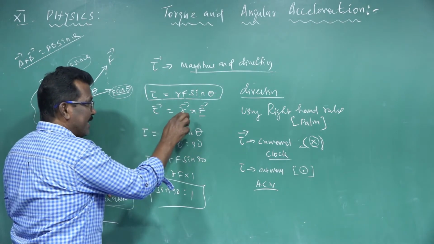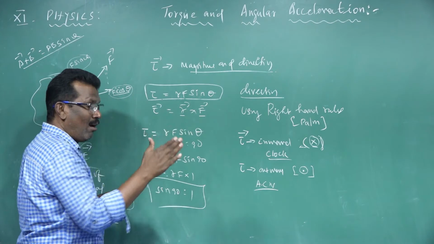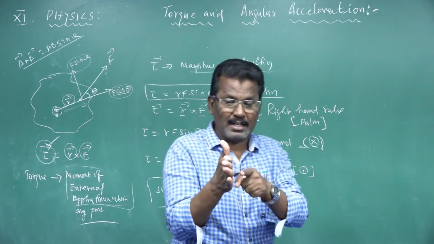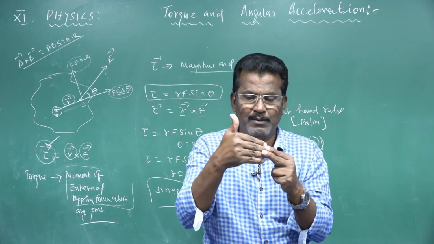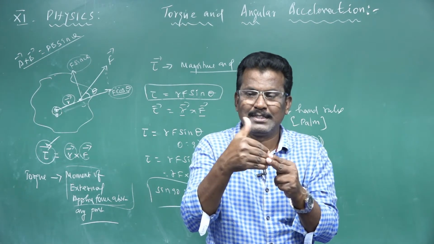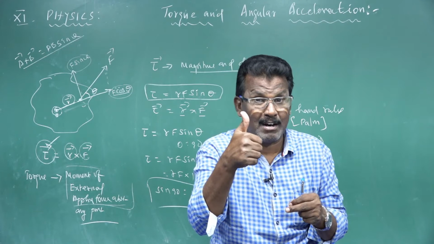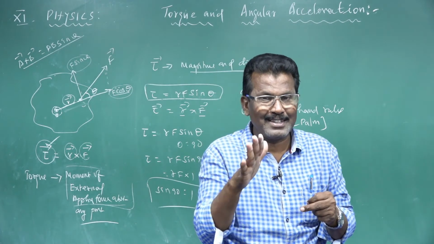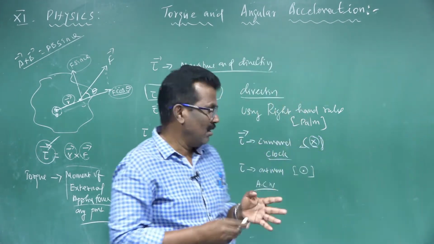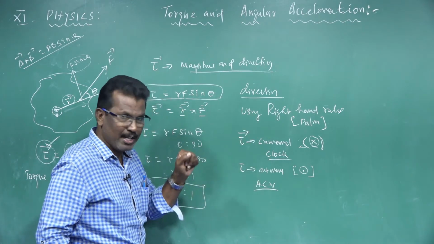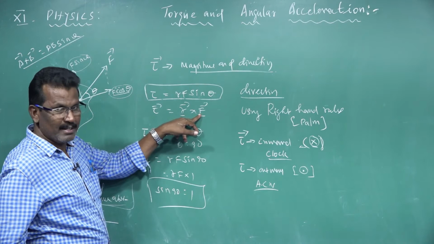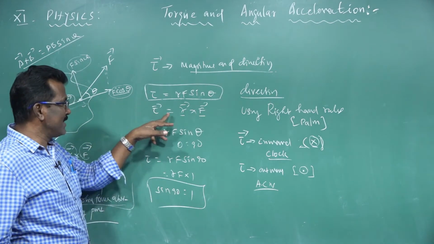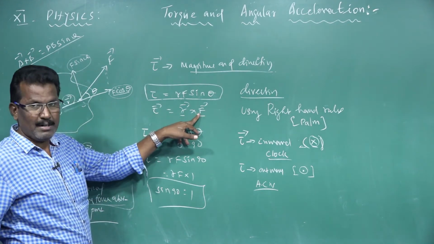F, R and tau are all mutually perpendicular to one another. So tau vector is equal to R vector cross F vector.